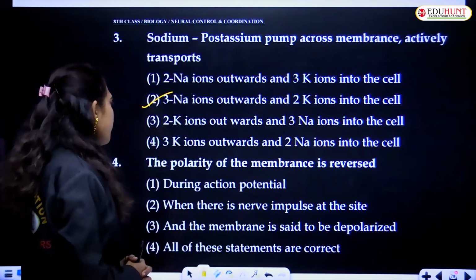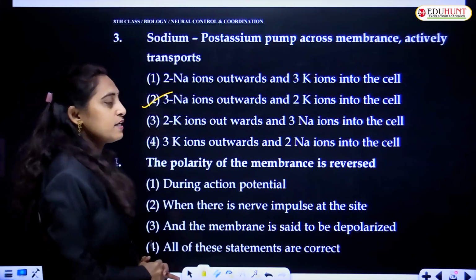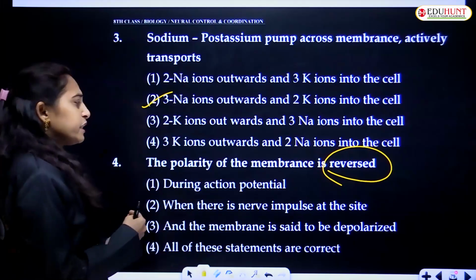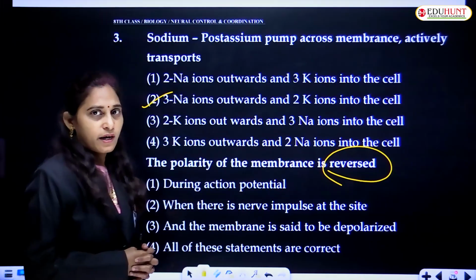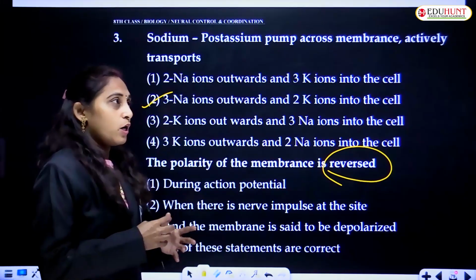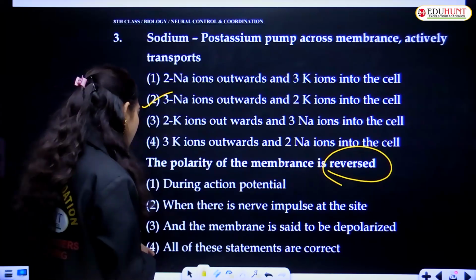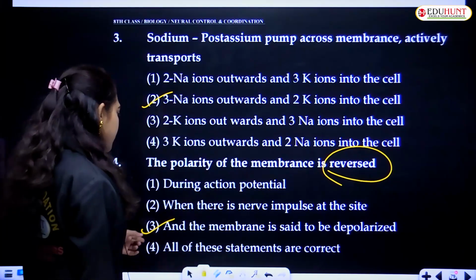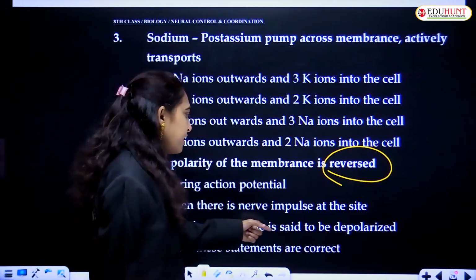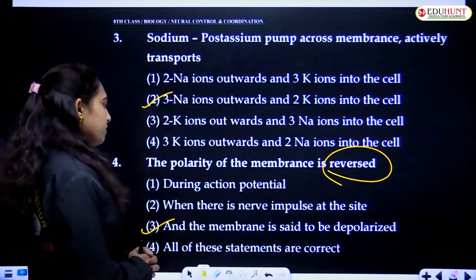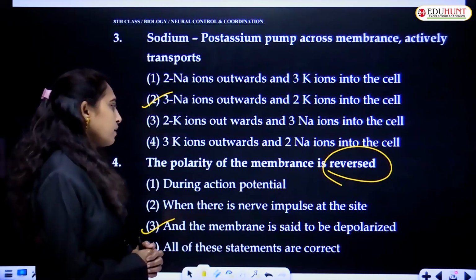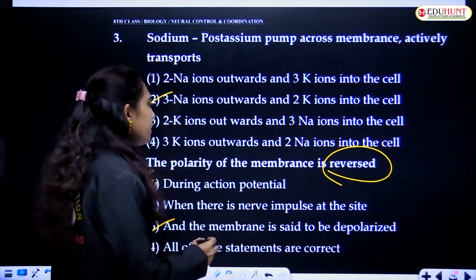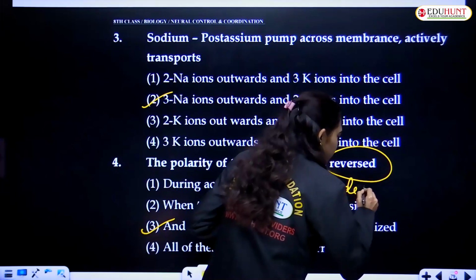This is the answer. The polarity of the membrane is reversed. Reversed means depolarized. It is negatively charged during that phase. Yes, it is directly given as the membrane is said to be depolarized during action potential, and reversed means depolarized.